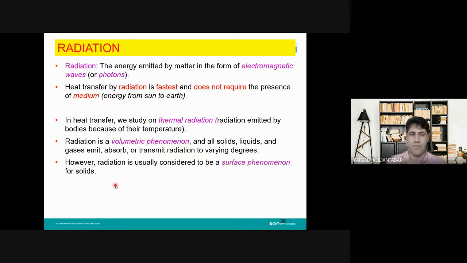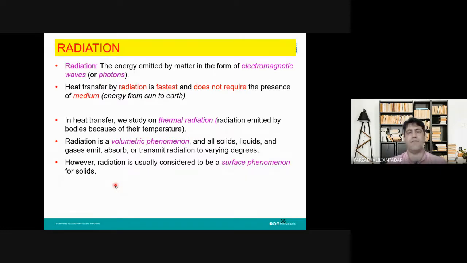The fluid should be in motion to have convection heat transfer from the surface to the fluid, or from the fluid in motion to the solid surface. And for both of them, we need to have a temperature difference for the heat transfer.